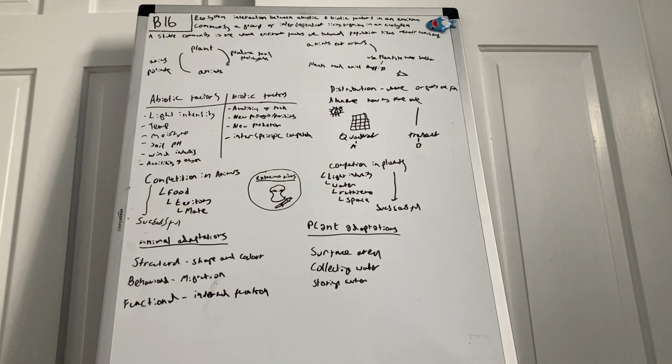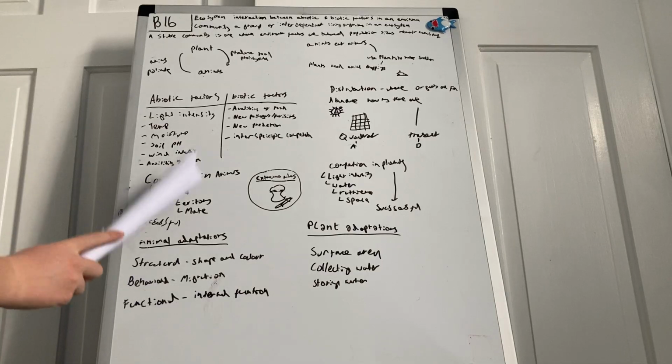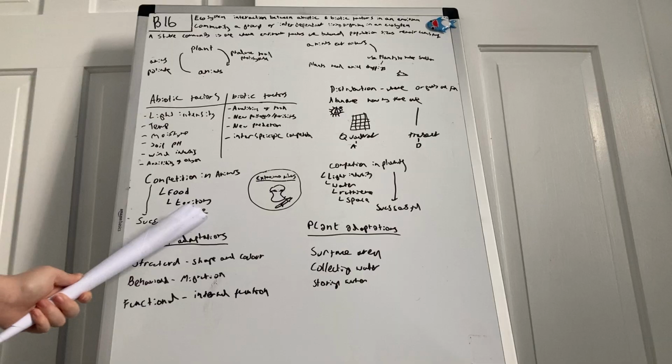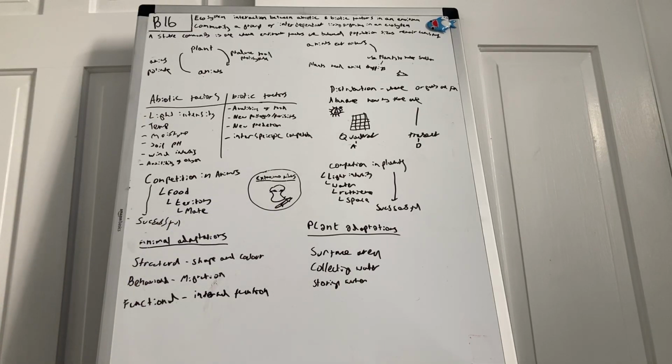So now we're going to go on to competition in animals. There are three main things that animals compete for: food, territory, and a mate. So obviously, animals compete for food.